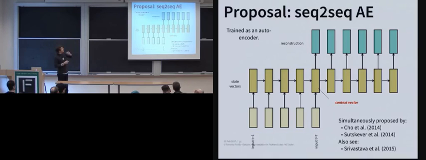But what we've proposed to use is a sequence-to-sequence autoencoder because it can adapt to both static data and sequential data. This is a commonly used architecture for machine translation. The idea is that you have a sequence coming in, a sequence going out, and a hidden state representation that allows you to map from one sequence to another.